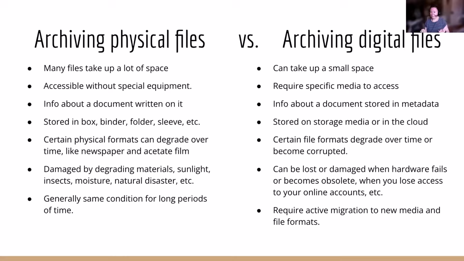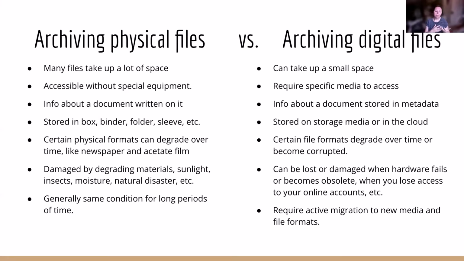Moisture and natural disaster can also damage your digital files if it damages the hardware. But if the hardware fails in one way or another or becomes obsolete, maybe like those floppy disks, then you may lose access to those files that are on there, or you might lose access to your online accounts. Maybe you get hacked or something, or your computer fails and you lose those. So things can be damaged either way.